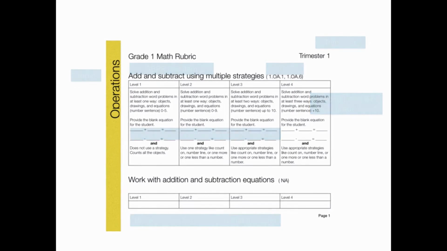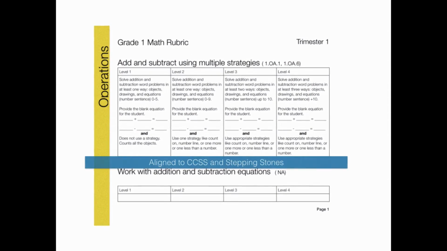In some instances, there is a blank, which means that was not assessed during that trimester. The rubrics were built with an alignment to the Common Core state standards, as well as to the learning expectations of Stepping Stones.